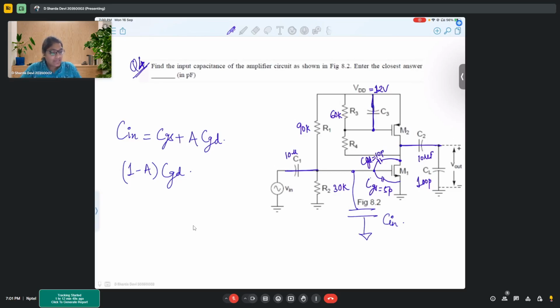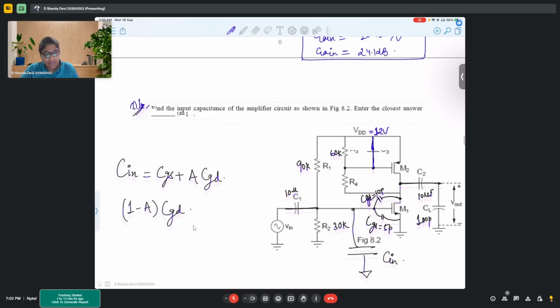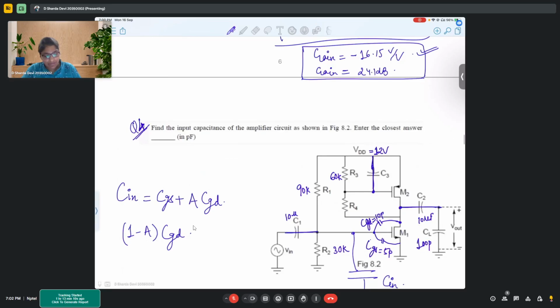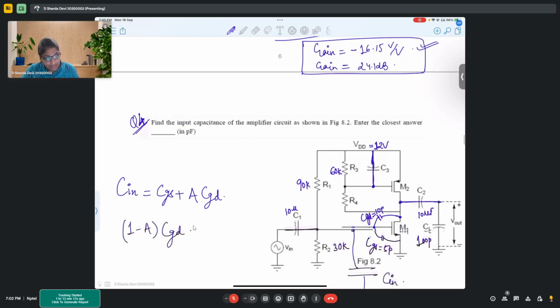Since the output terminal is common, GM is coming from this transistor, but Z out at this output node will have both. So the total gain that we have obtained will be appearing over here.